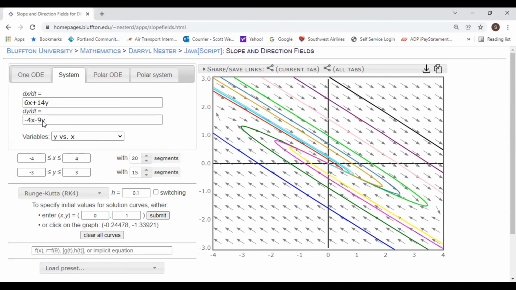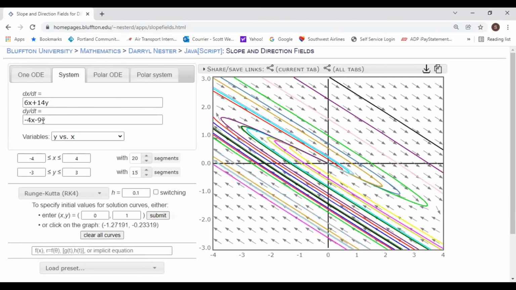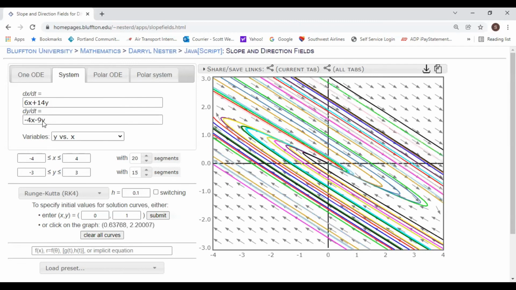So it's hard to distinguish exactly what's going on here, but if you look at it, there is a slight difference in the slopes of these solution curves at the beginning and at the end of their careers.